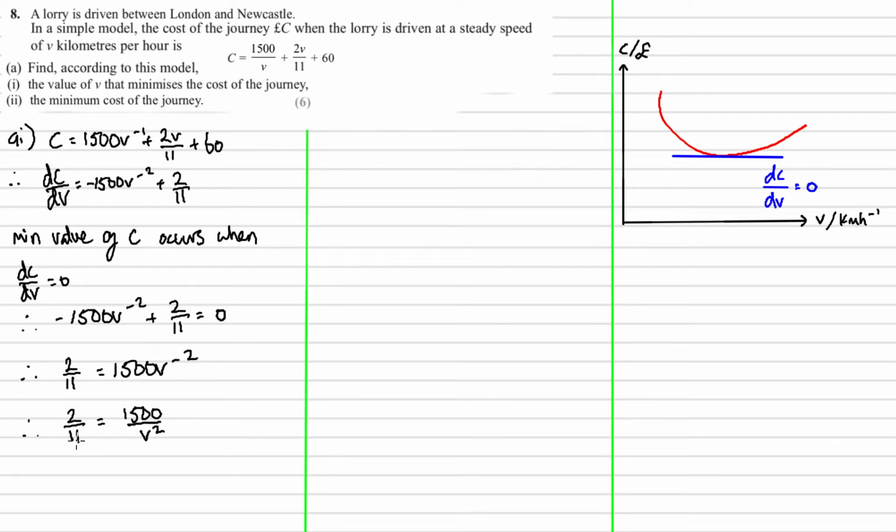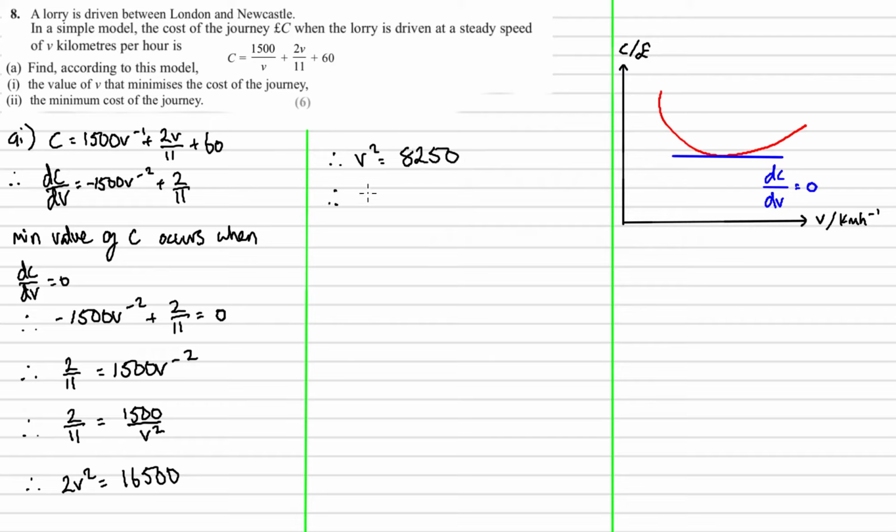So what I'm now going to do is times both sides of this equation by 11 and times both sides of this equation by v squared. So I should find that you get 2v squared is equal to 16,500. Now I'm therefore going to say that v squared is equal to 16,500 divided by 2, which turns out to be 8,250.